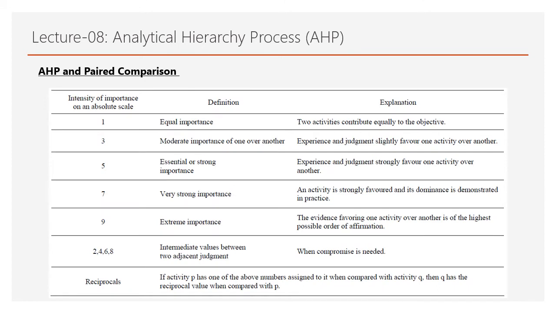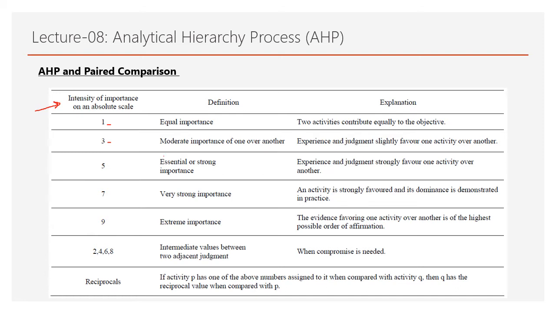as for the scale that we are going to use to make this paired comparison, we have a scale from 1 to 9: 1, 3, 5, 7, and 9, which reflects the intensity of importance on an absolute scale. This is also proposed by Saaty in the same theory. If two items are equally important, the scale would be 1. If one item has moderate importance over another, it would get a weight of 3.